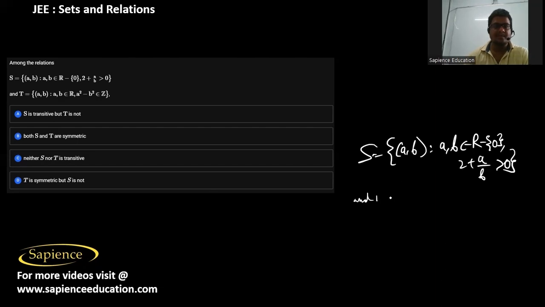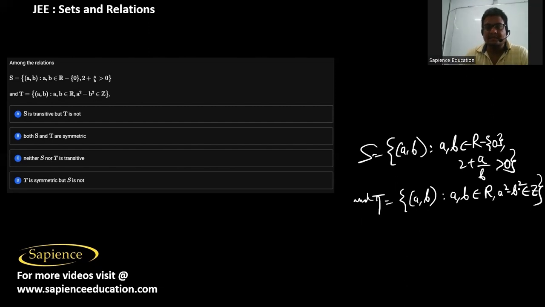So S is a relation where a and b belong to the set of all non-zero real numbers, and T is the set of all ordered pairs (a, b) such that a and b are real numbers and a square minus b square belongs to Z. It means that a square minus b square should be an integer.